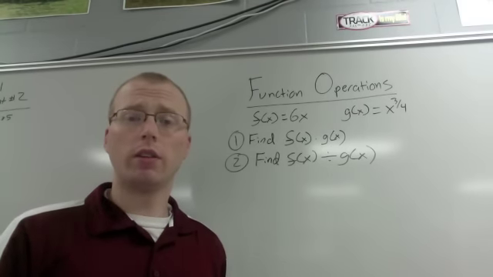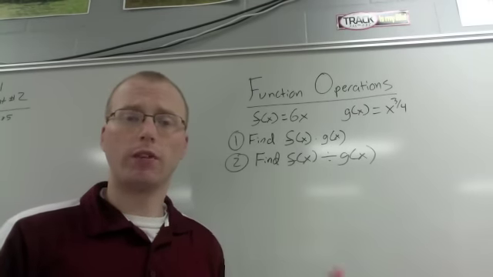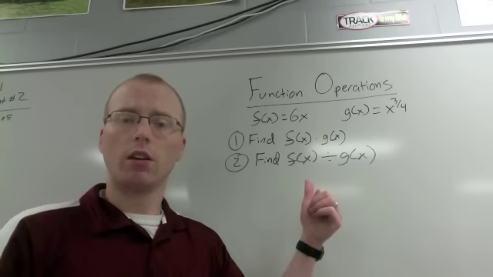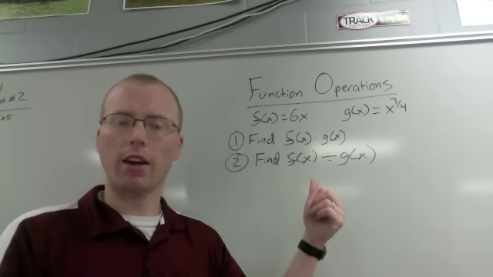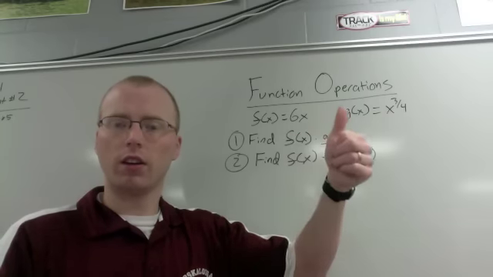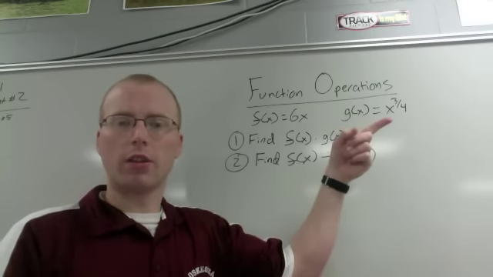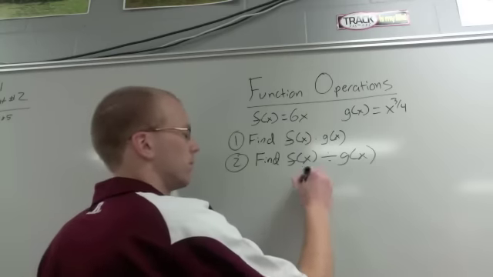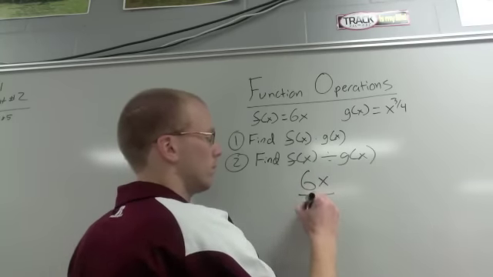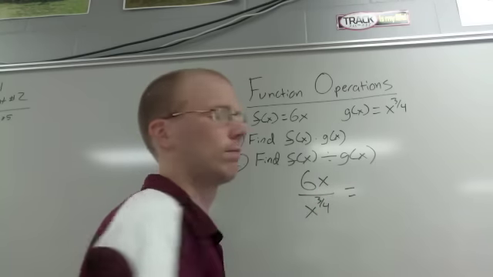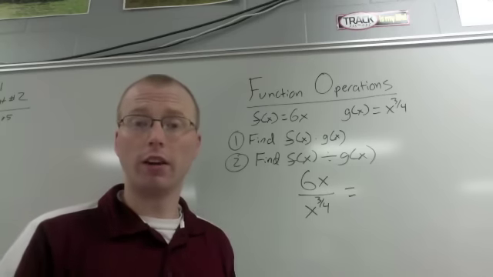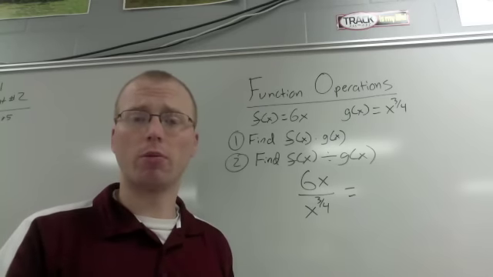Now let's say I wanted to divide two functions. So my second question asks me to find f of x divided by g of x. So to get that, I just need to take 6x divided by x to the 3/4. Again, to simplify, we're going to use our exponent properties.